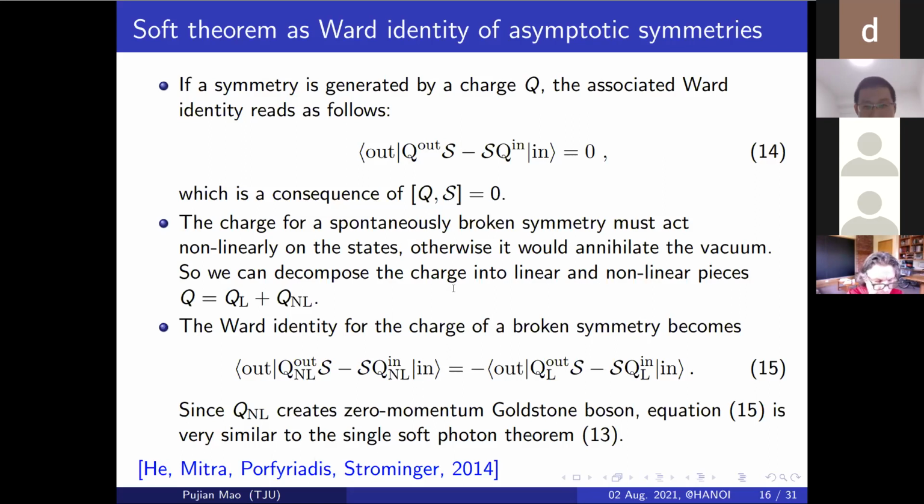Then the Ward identity becomes this way, and it already looks very similar to the soft theorem on the previous page.